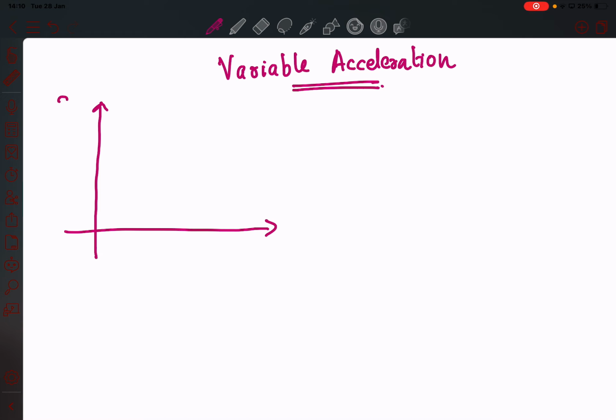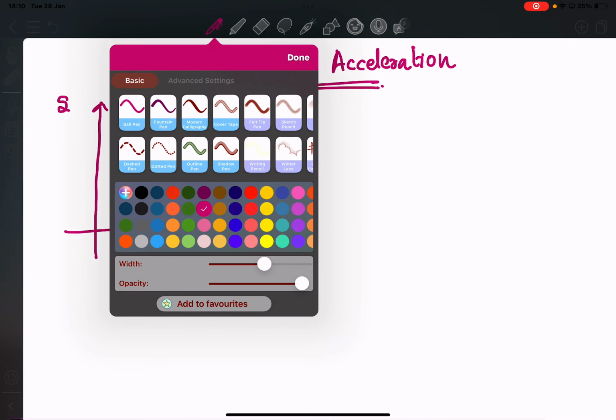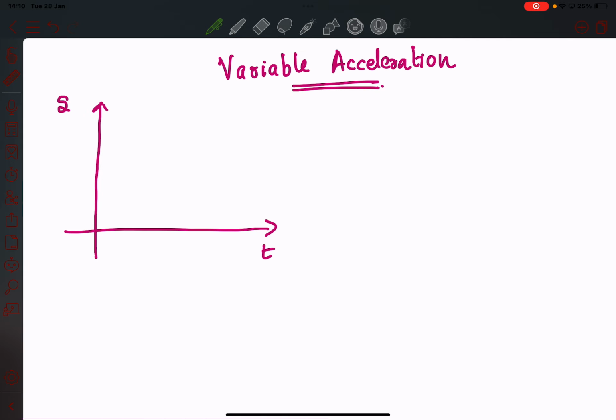So if I draw a displacement time graph, and let's say it is a linear graph with a constant slope. Let's say I'm starting from 10, and let's say somewhere here is 30, with amounts of time. Let me say this is 5 seconds.